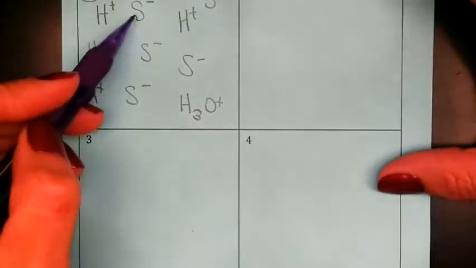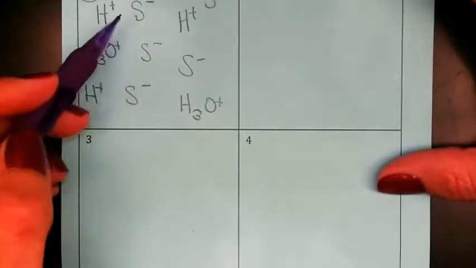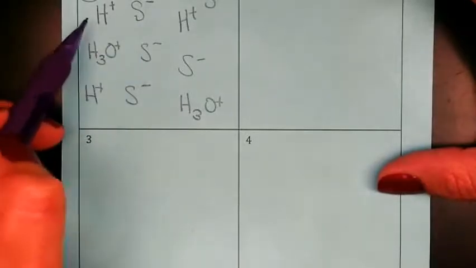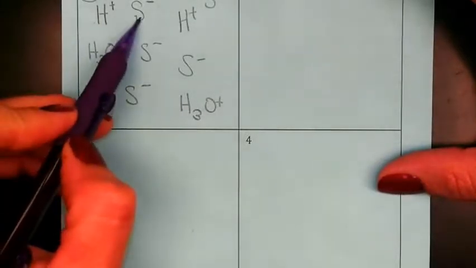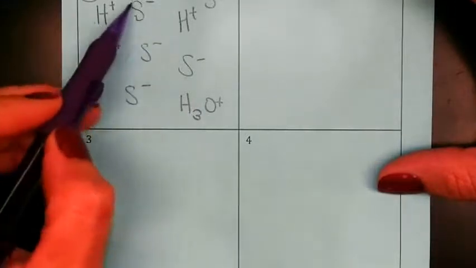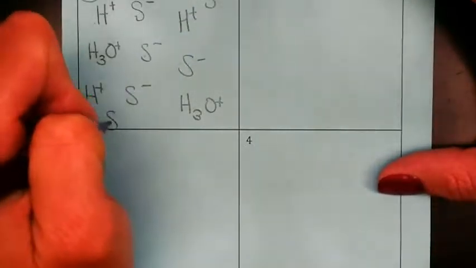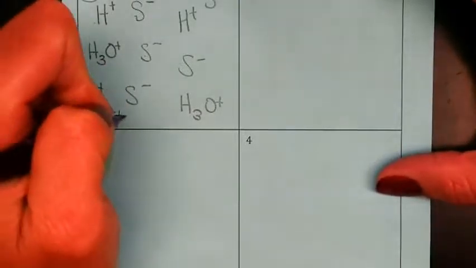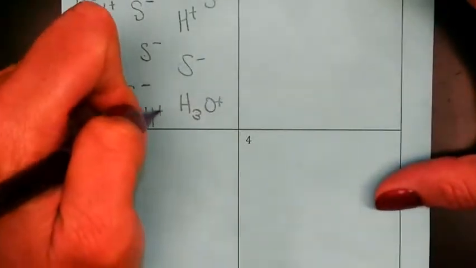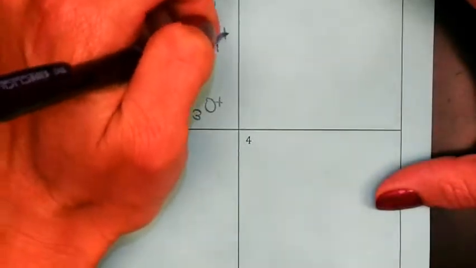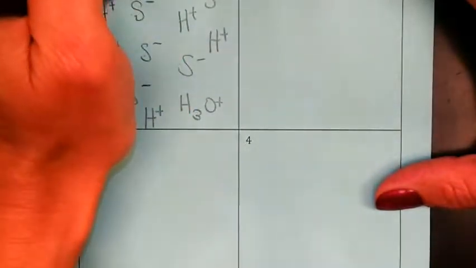So the S- represents the rest of the acid, so it could be HCl. So this would be the H, this would be the Cl-. It could be HNO3, so this S would represent the NO3. So it doesn't matter what the rest of the acid is, but we do know that it's broken apart because it is strong. So this is going to be an S- and another H+, and there's a lot of them in here because it is concentrated.